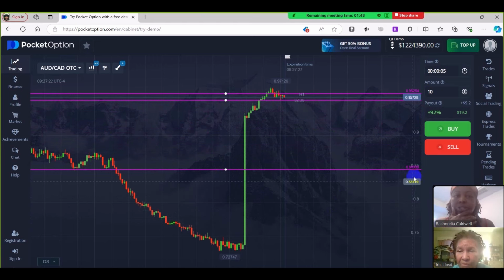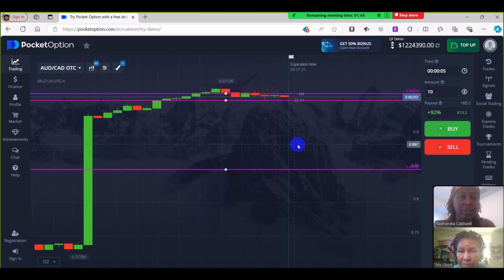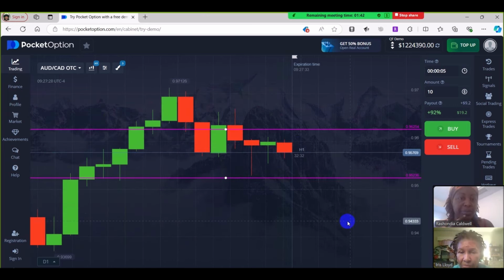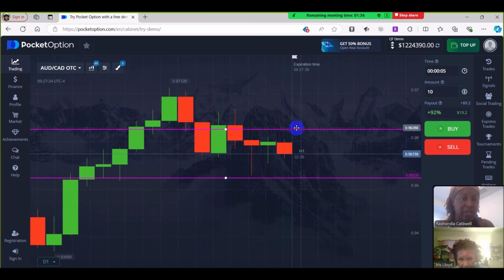Right. So now you can see a little bit better. The closer it gets to this line or this line, and you see these two wicks right here.